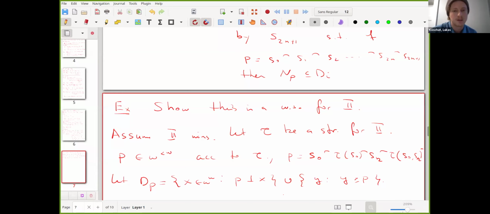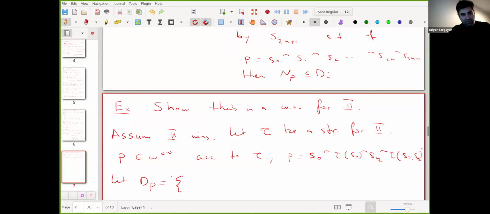I don't think you need the incompatible things. You just union over all the states of the game that could happen after one move. This is D1. Then you union over all the states that could happen after two moves. Sorry, one move of each player, two moves of each player, three moves of each player.